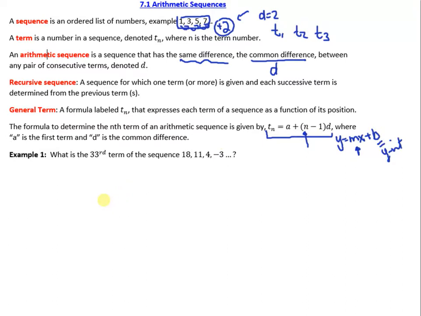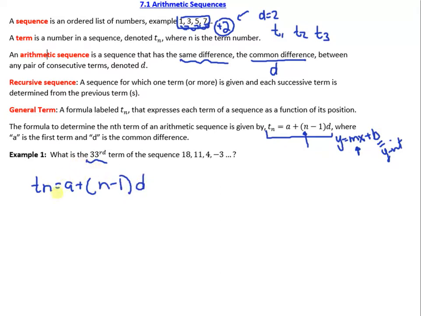So a lot of definitions right now, but let's get into some questions. What is the 33rd term in this sequence? 18, 11, 4, -3. The last thing you want to do is sit there and pattern out 33 terms. That would not be nice of any teacher.